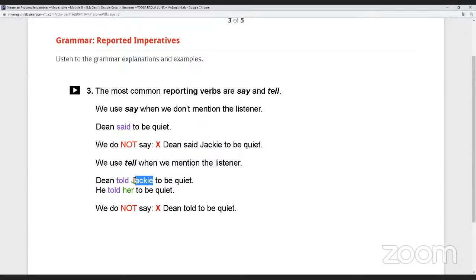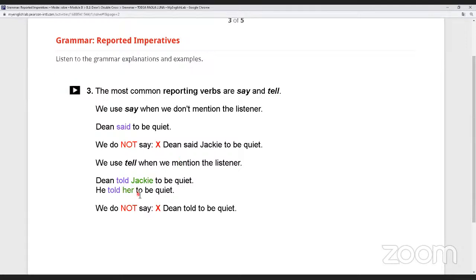We use personal nouns, okay? Dean told Jackie, Dean told Anna, Dean told John, right? Or you can also use object pronouns. He told her, he told him, he told us, right? In this case, we're not going to use subject pronouns. He told he. No, it's incorrect, right? No subject pronouns, only object pronouns.